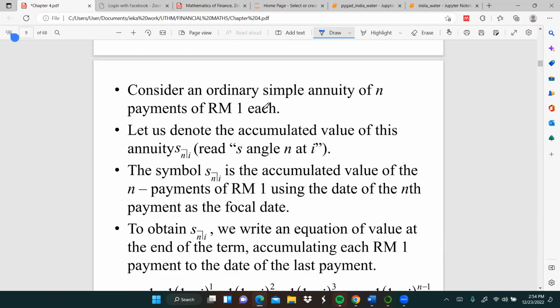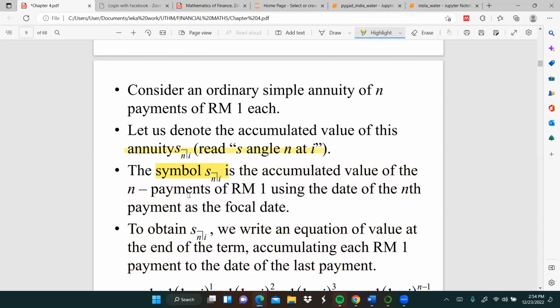Consider an ordinary simple annuity of n payments of RM1 each. Let us denote the accumulated value of this annuity as S angle n at i. S angle n at i is the accumulated value of the n payments of RM1 using the date of the nth payment as the focal date.